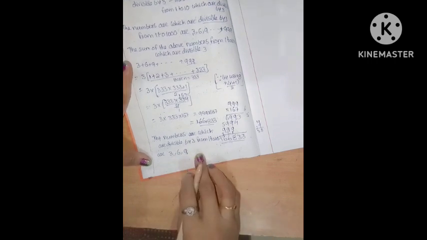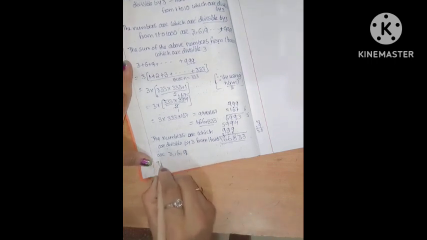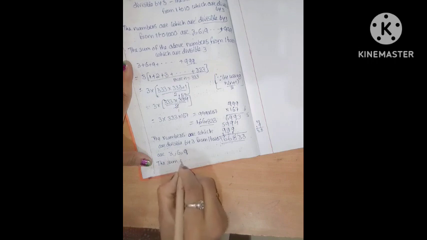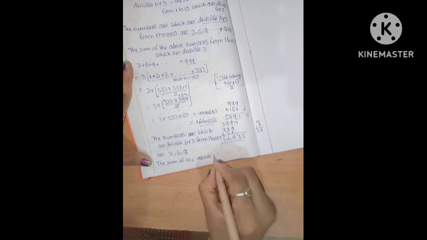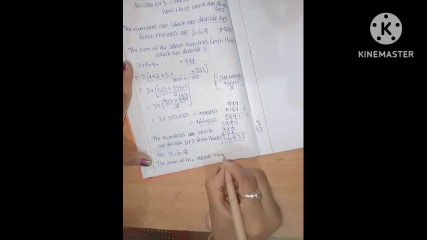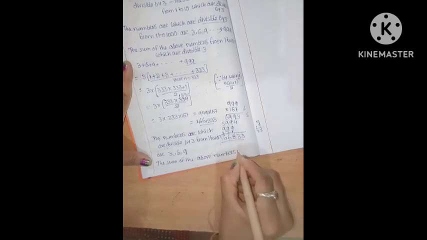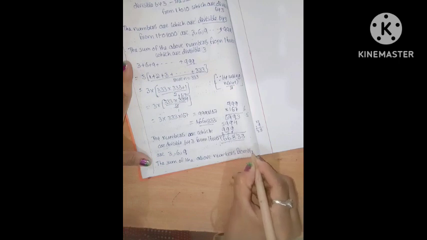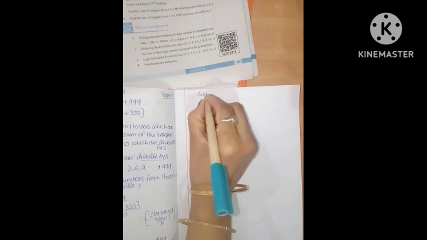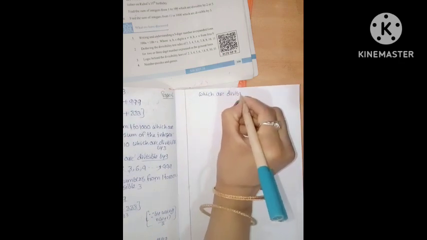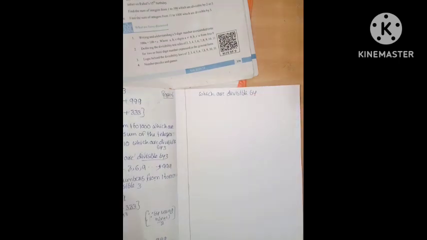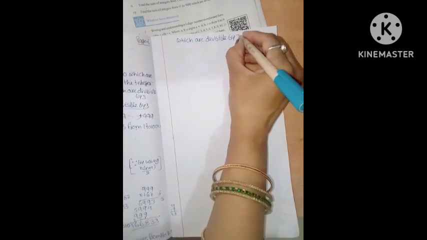Okay, only 3 numbers only. The sum of the above numbers from 1 to 10, which are divisible by 3 only.